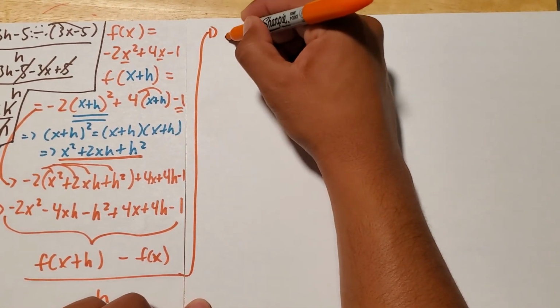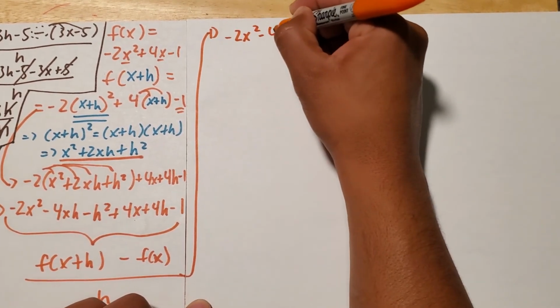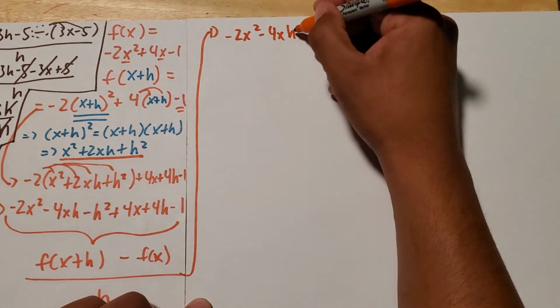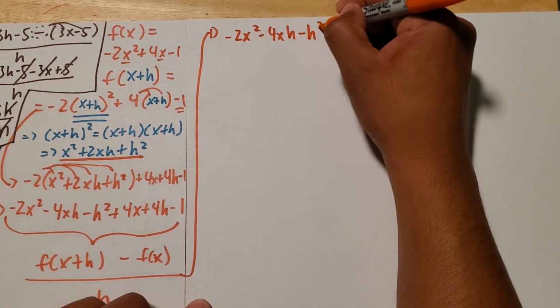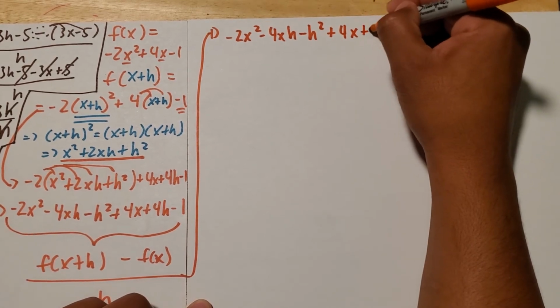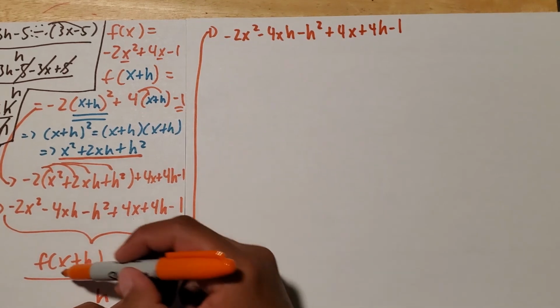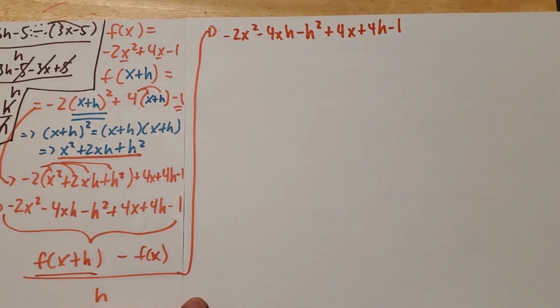So it's going to be negative 2x squared minus 4xh minus h squared plus 4x plus 4h minus 1. Again, this is just the f of x plus h part.